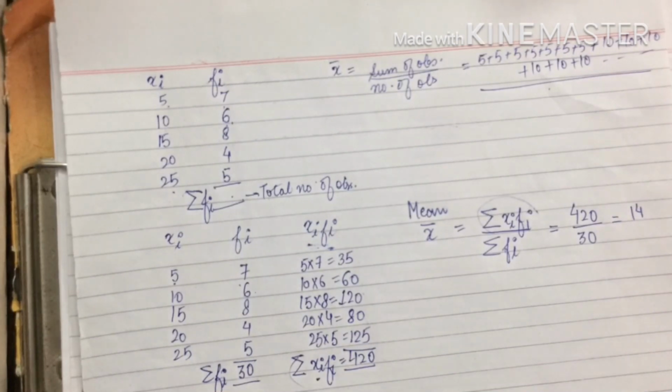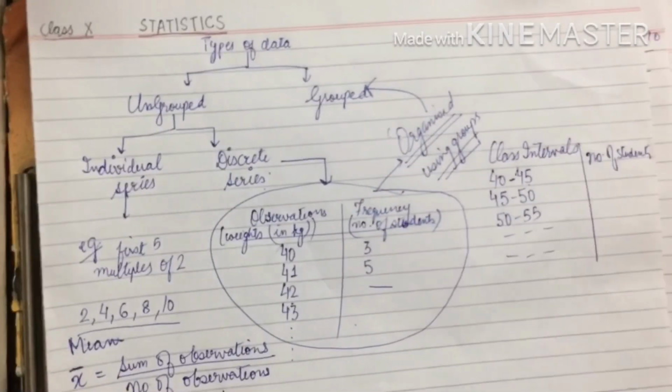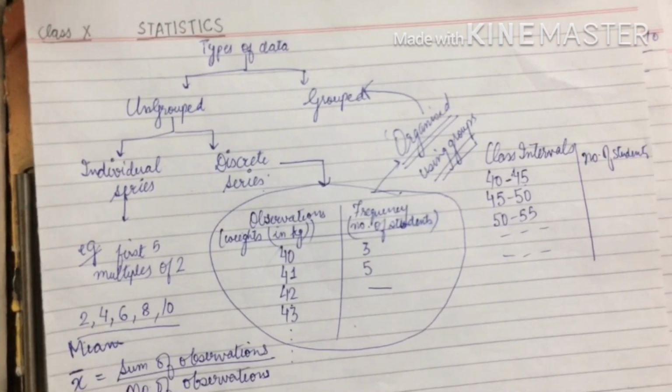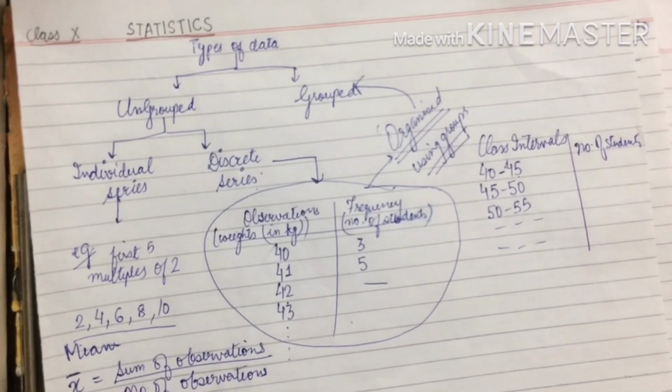Now we are going to extend our knowledge of the calculation of mean to find out the mean for grouped data. Grouped data means you have data in the form of class intervals. How would you find out the mean for the same? There are three methods that we will discuss for this.